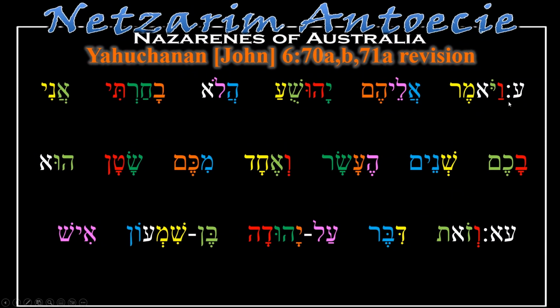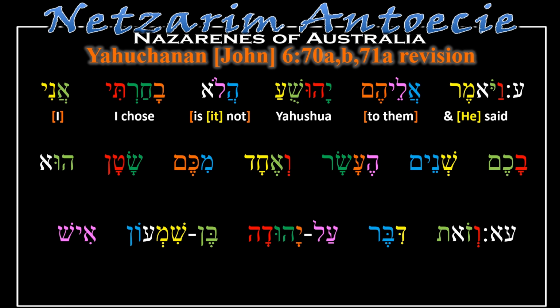And now we see we have an ayin which has a value of 70. So we're in verse 70. Vayomer, and he said, alehem, unto them, Yeshua. Halo, did not, because it's a questioning hey, vacharti, I chose, ani, I. And he said to them, Yeshua, is it not I chose?